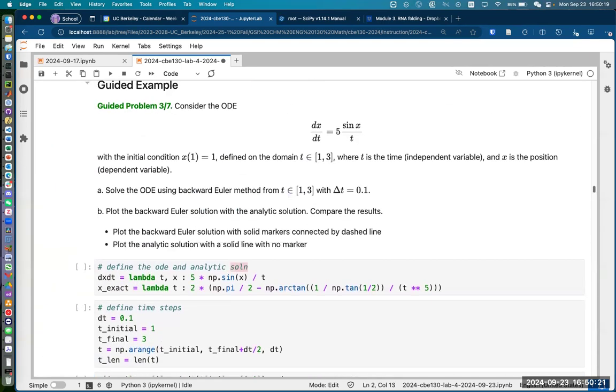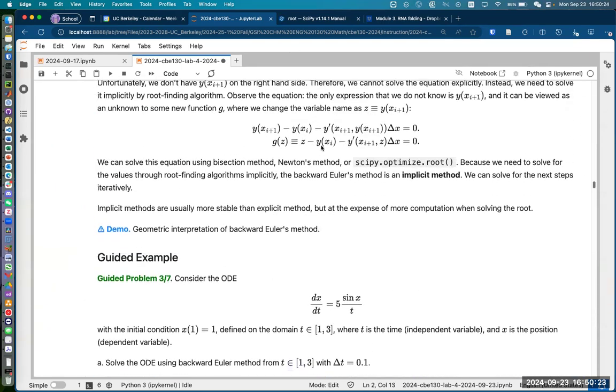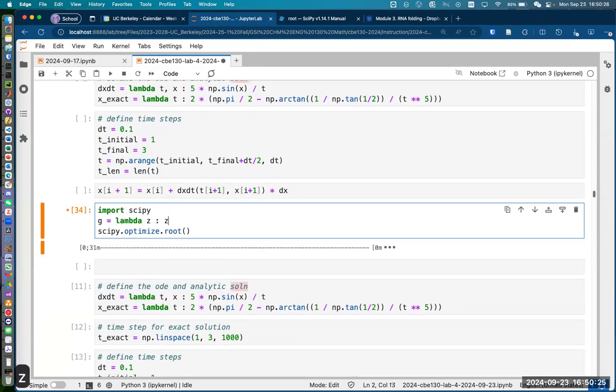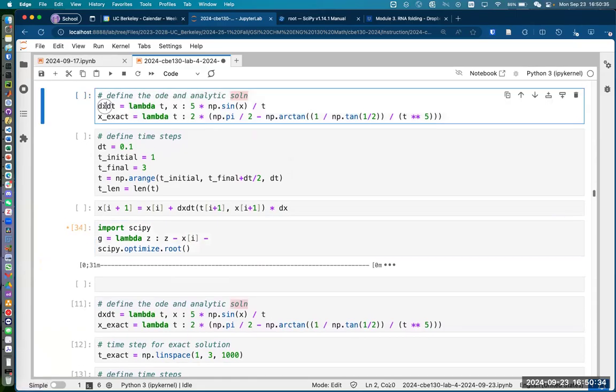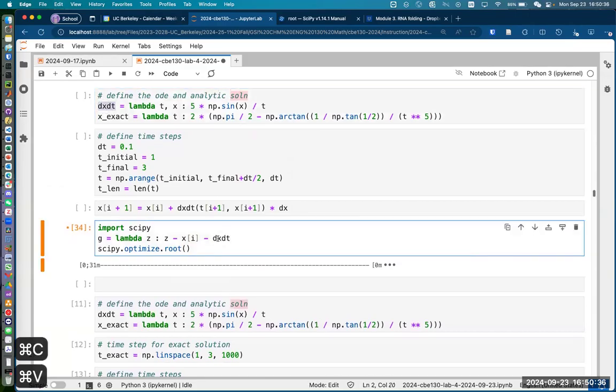It should be z minus x of i, minus the derivative evaluated at t of i plus 1, comma z, times dx.